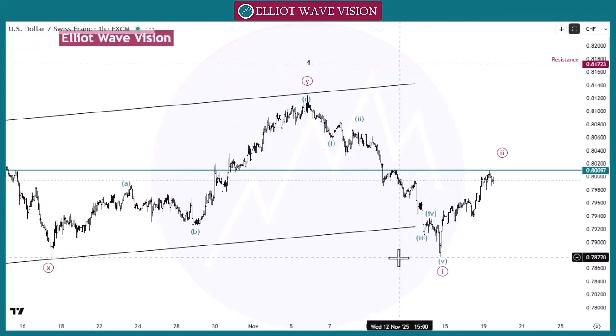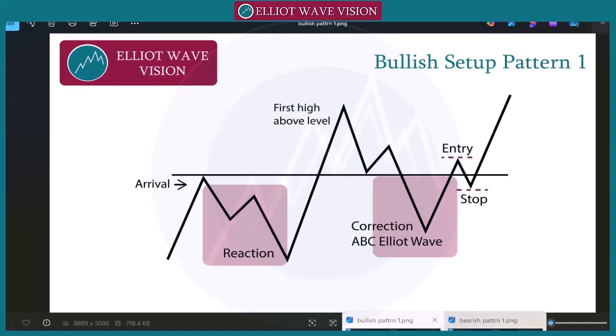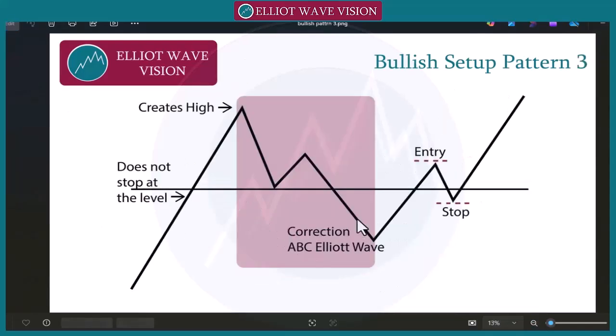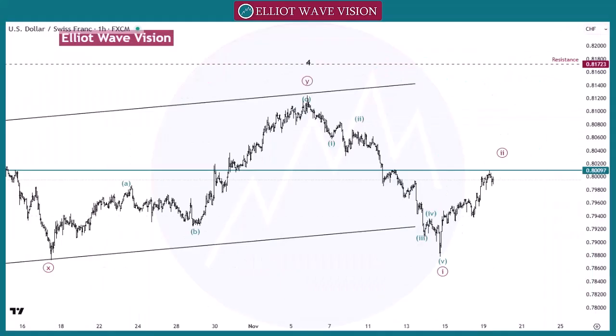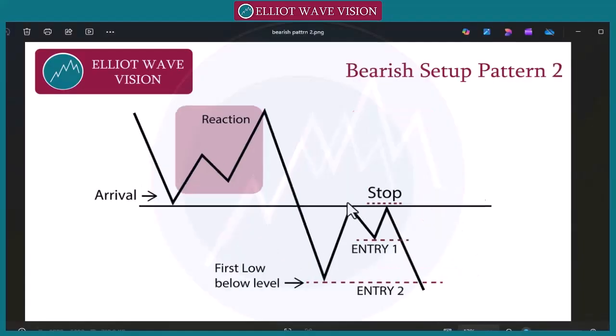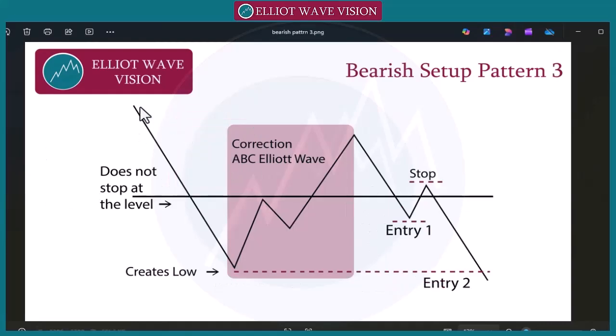Sometimes, let's check the next pattern, pattern number 3. Sometimes market does not stop at the level, like in CHF market did not stop at 0.8. Directly market gave us the new high. Now we need to wait for A, B and C to complete, and we will go like new impulsive move and its correction.